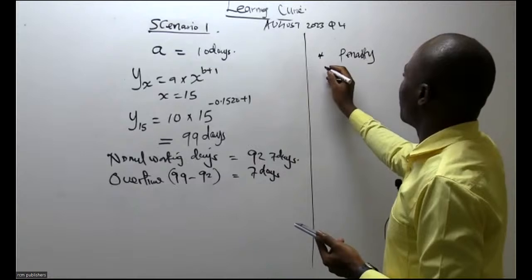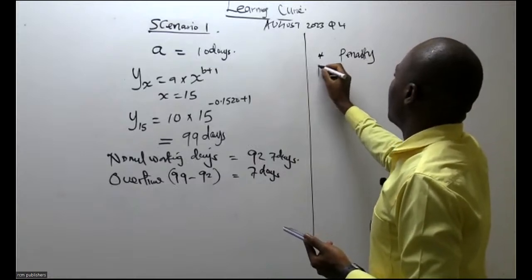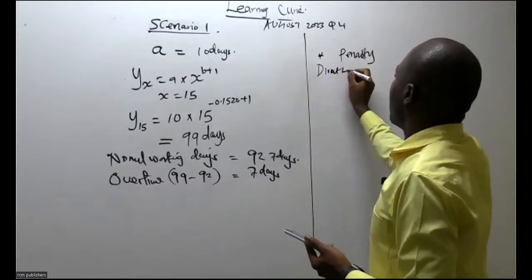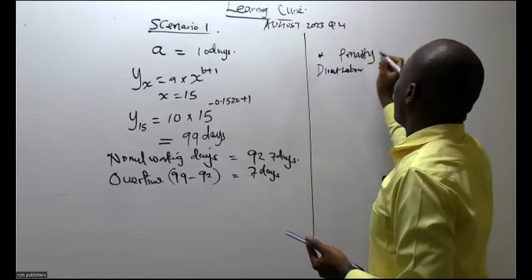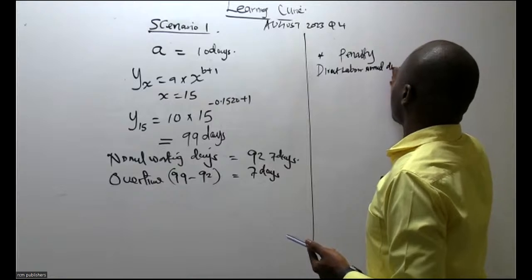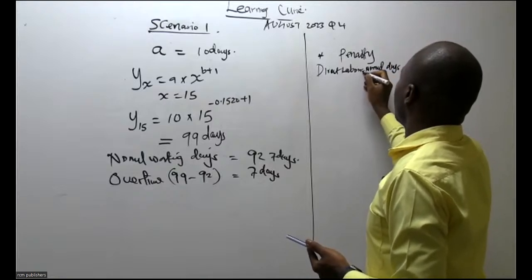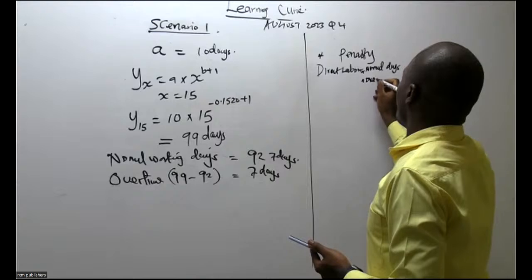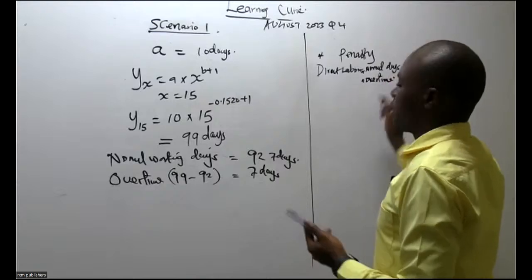We have now direct labor. One, we have normal days. Then we have overtime.